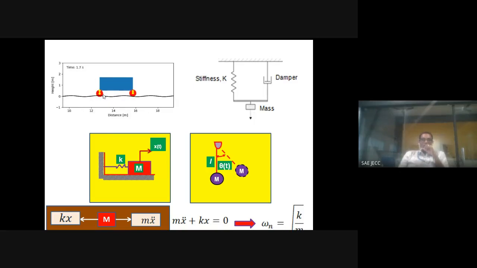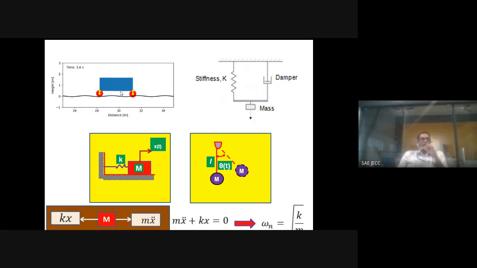Even though we are dealing with the experimental part, we have to model before doing the proper experiment. So I'll just invite your attention to the modeling of a vibratory system. This is a simple example. A car is traveling on a road and undulations are reflected. And if you model, there will be three elements. One is the mass, the other one is the stiffness, and also the damping part.